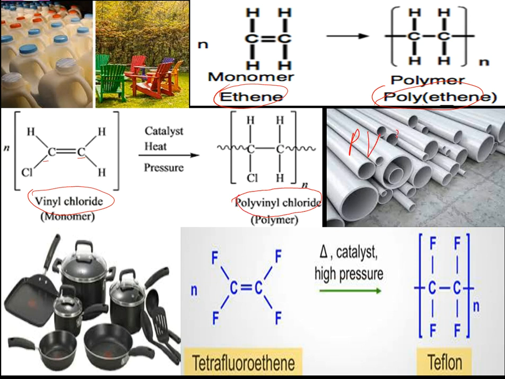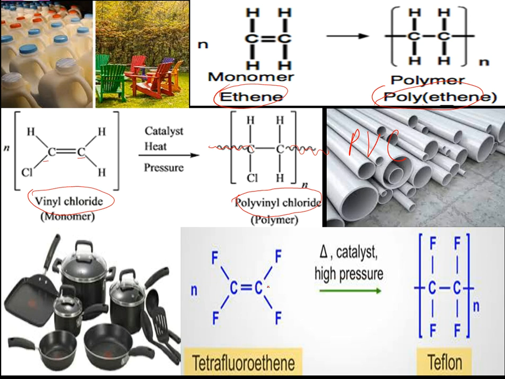Yes, this is a very high quality resistant plastic which is used in making insulating materials and pipes, and the polymer is called polyvinyl chloride. You see the vinyl chloride unit is repeating itself. That's why the n is showing. The number of molecules are linked together, and these waves are showing that the bond is continuing on both sides.